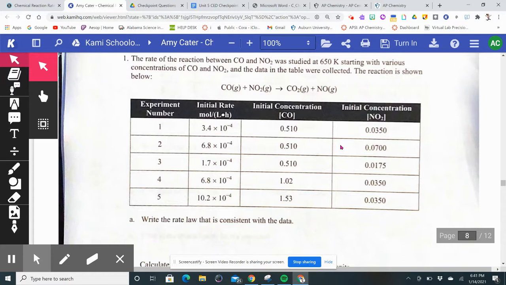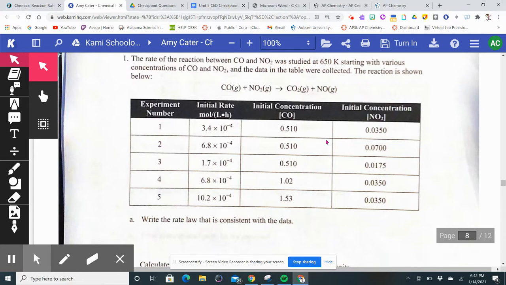All right, so in experiment 1 and experiment 2, the concentration of CO is held constant. Remember when you did your notes, we talked about having to pick a couple of experiments. You want to pick 2 trials where one reactant is held constant, and then 2 trials where the other reactant is held constant. And you're going to use that to determine your rate law.